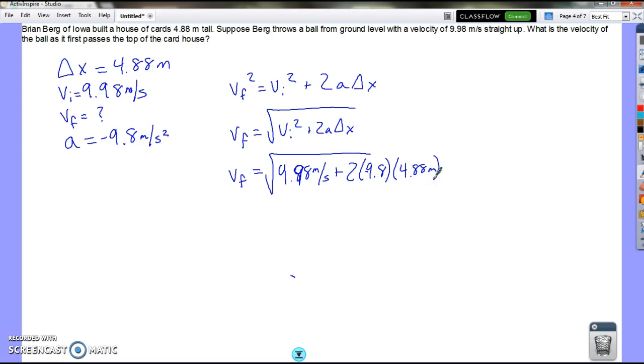And we can discover that our answer becomes 1.99 meters per second.